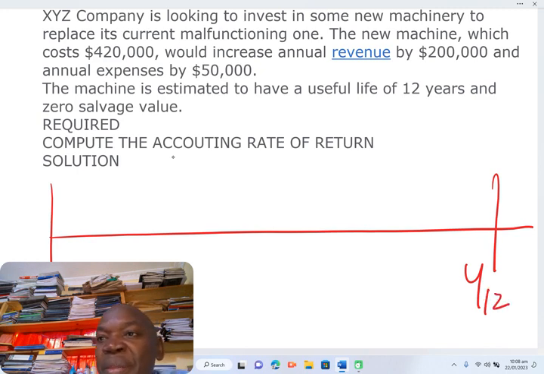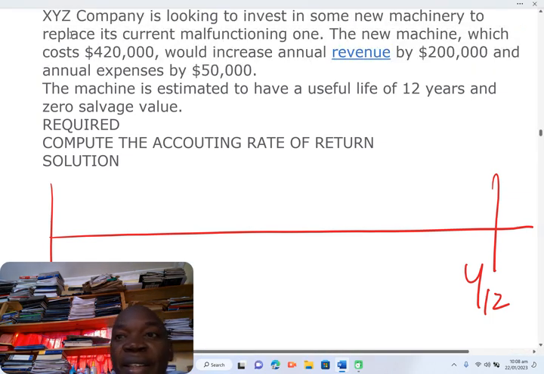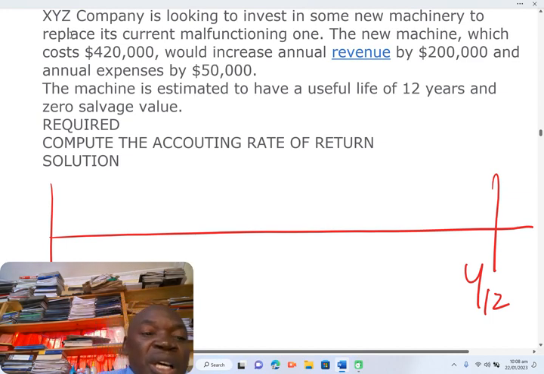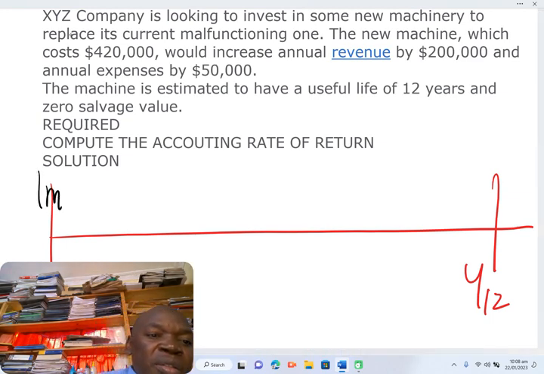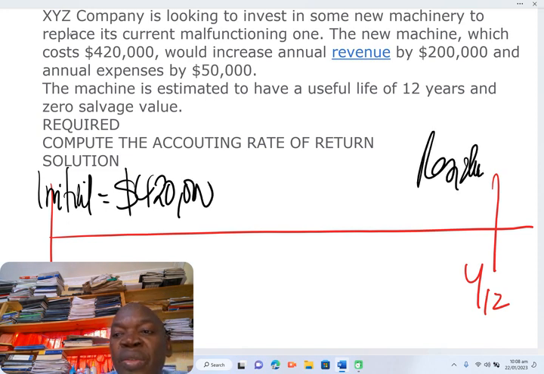The initial investment, as stated, the machine will cost $420, and the residual value is 0.